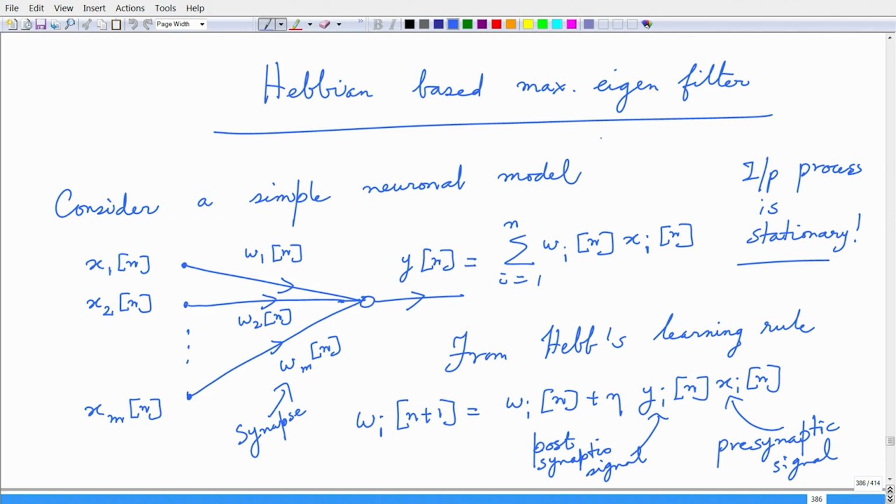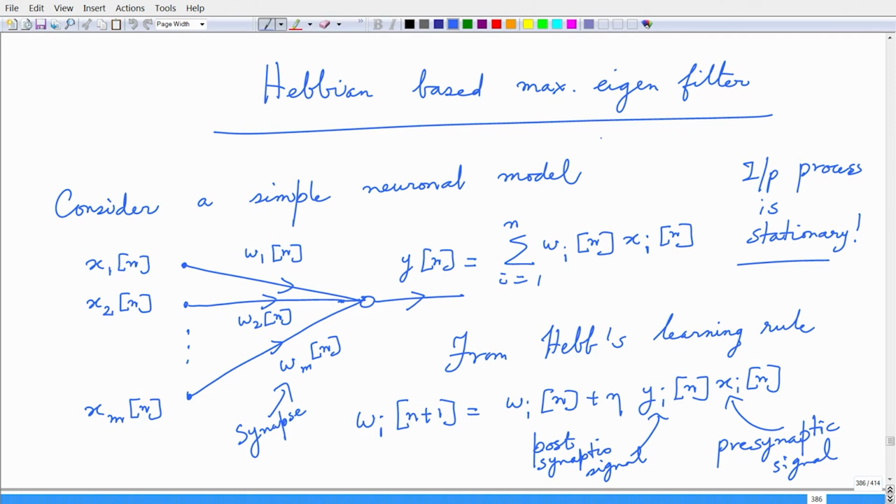My w is a weight vector that has m components w1, w2, so on till wm, and my input vector x has m components x1, x2, so on till xm. So, at the output it is basically a linear combination using these weights, which can be thought of as the projection of x on w.